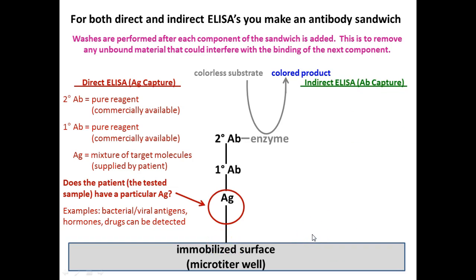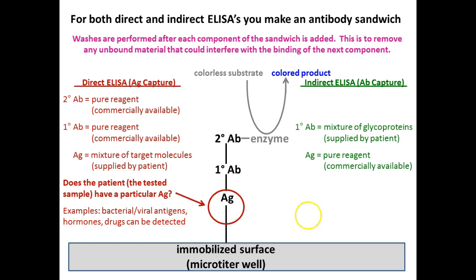What we're going to do is an indirect ELISA. The only difference is that the sample is going to contain the antibody. So we're going to start with purified antigen, and then we're asking, does the person have the antibody specific for the antigen we're starting with? Then we'll use our secondary antibody to detect the first antibody and create our color change.